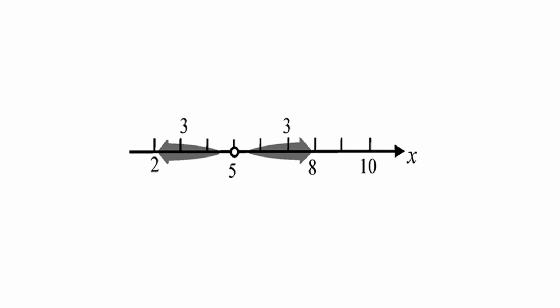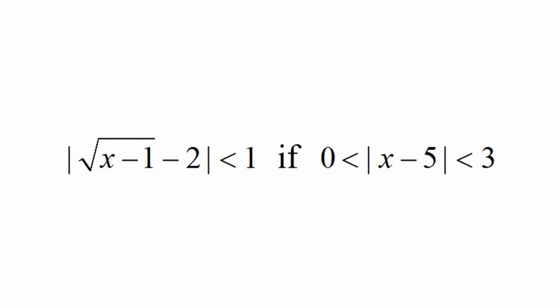If we take delta equal to 3, then the inequality 0 less than absolute value of x minus 5 less than delta will automatically place x in the open interval (2, 10) to make absolute value of square root of x minus 1 minus 2 less than 1. Thus, absolute value of square root of x minus 1 minus 2 is less than 1 if 0 is less than absolute value of x minus 5 less than 3.